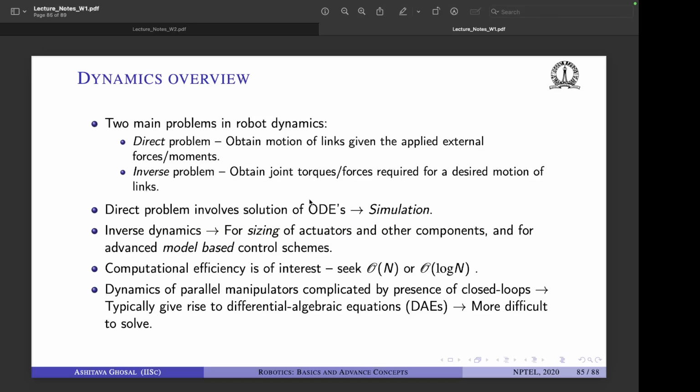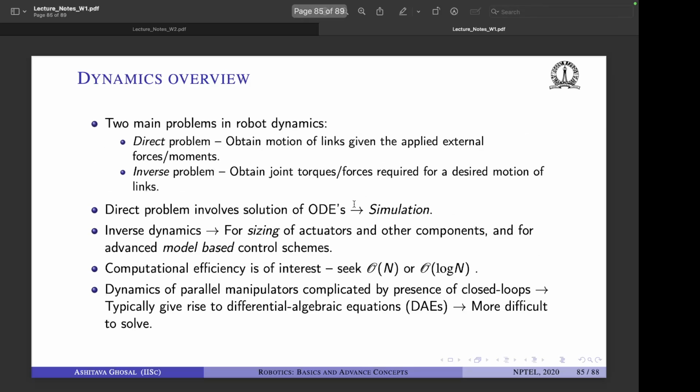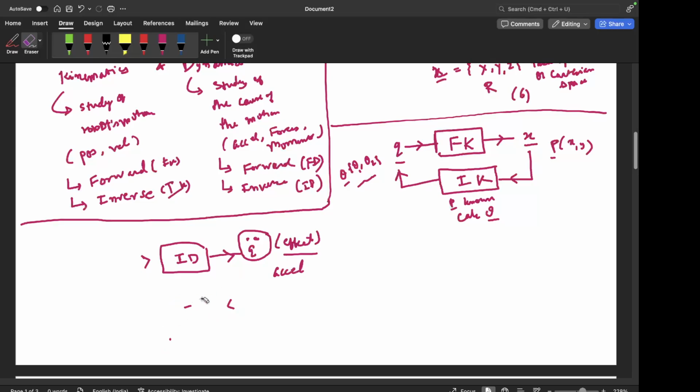I think okay, let me go over this once again. Let me draw this once again. The kinematics part is clear to everyone, I believe. Let me just describe the dynamics part once again. I will redraw these things.